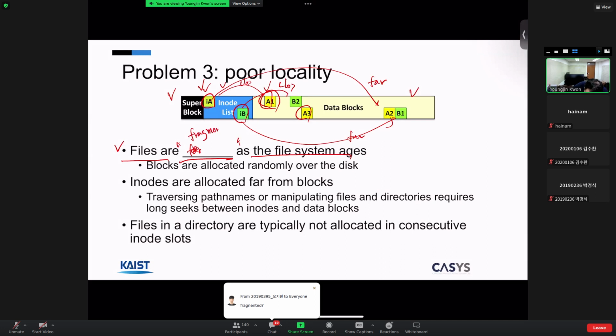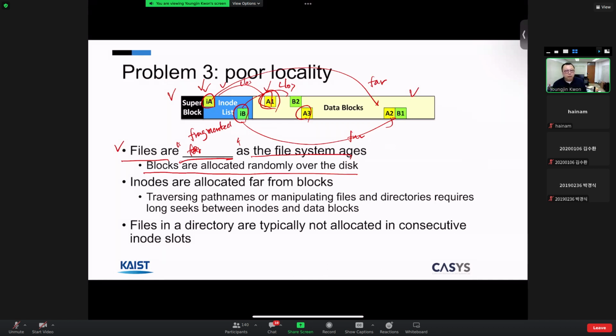Fragmenting. Okay. Blocks are allocated randomly over the disk. This is inevitable. If you are using a hard disk for a few months, then allocation, deallocation, these patterns kind of interweave. Then eventually your storage disk, your file system, gets fragmented, gets scattered.